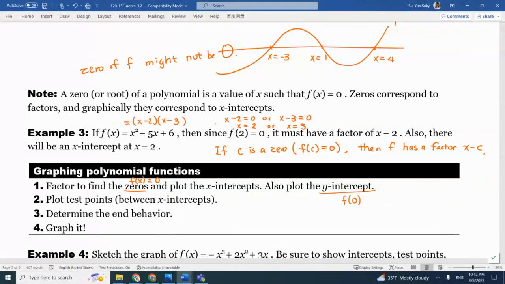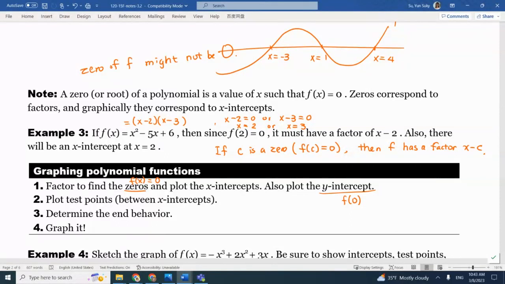The difference: for the x-intercept, you set y equal to 0 and solve for x. For the y-intercept, you set x equal to 0 and solve for y. Right, everybody? They kind of switch. That is the first step. Step 2, plot some extra points between the x-intercepts. Okay? And 3, determine the end behavior. 4, graph it.